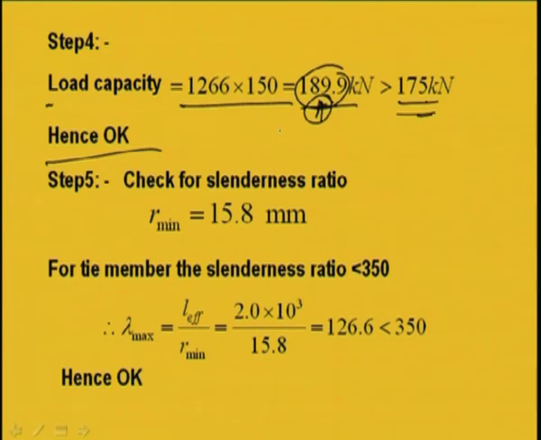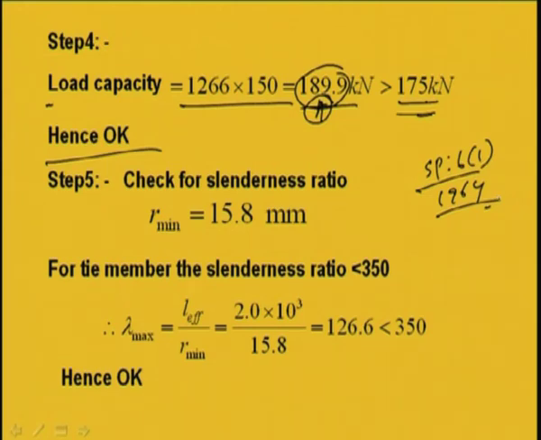Now this check is okay. Now we have to check the slenderness ratio. From SP16 1964 we get all the member properties, the sectional properties of the angle.